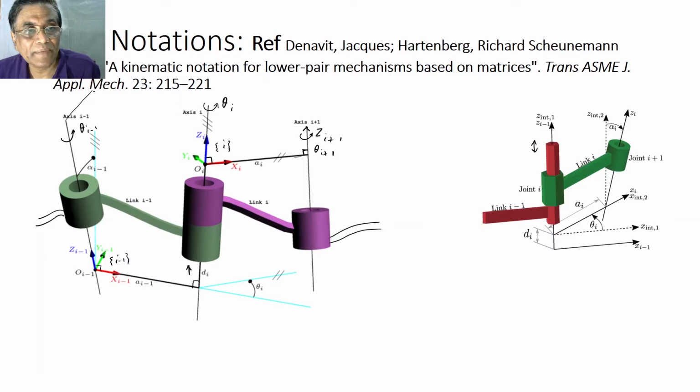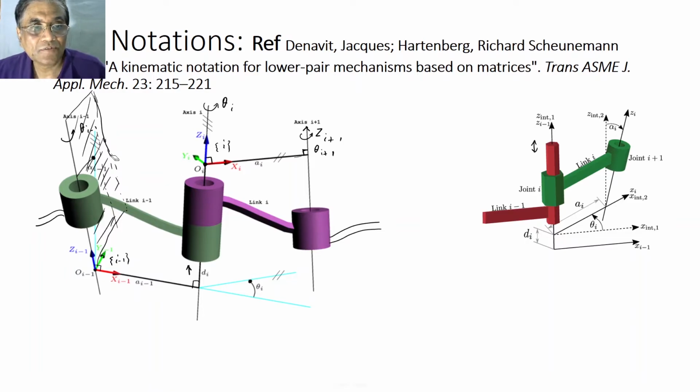So in the YZ plane, you put your Zi axis, and this is Zi minus 1.